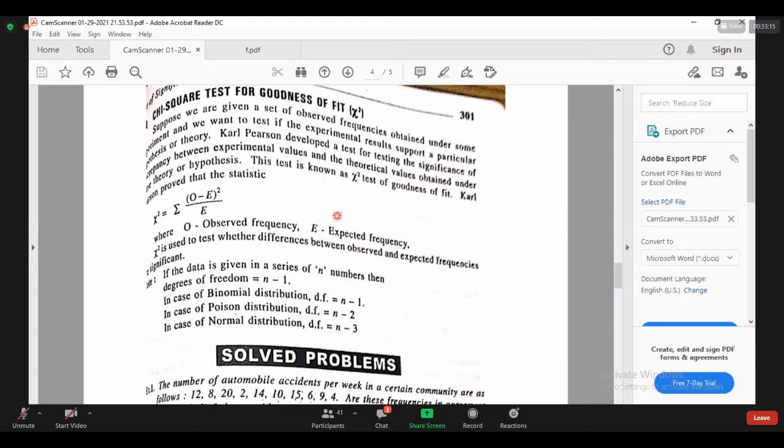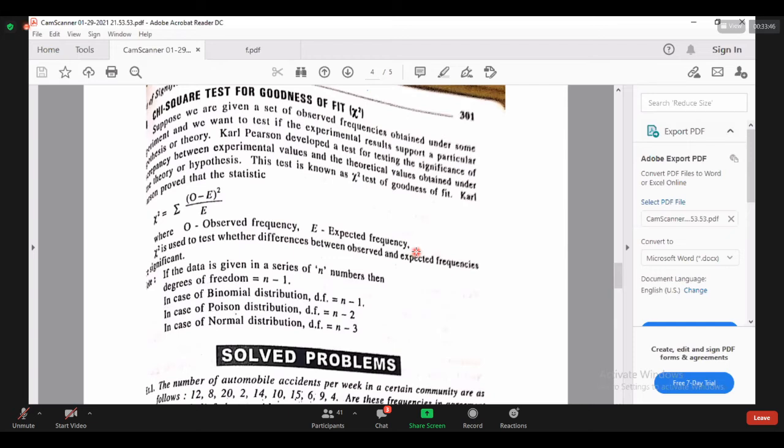Sometimes we study the theory part, sometimes we do the practical. In such cases we use the chi-square test. See, the chi-square test formula is chi-square equals summation of (O minus E) whole square by E. O is the observed frequencies, E is the expected frequencies.